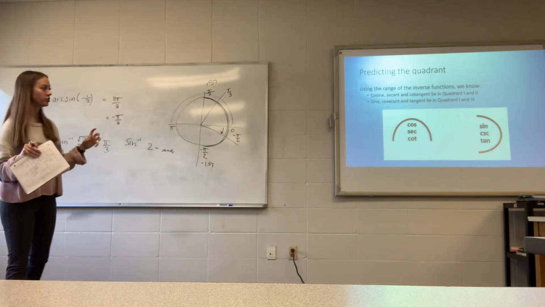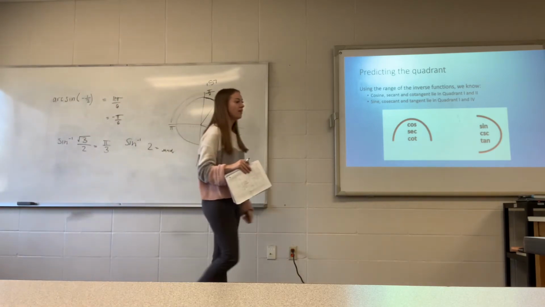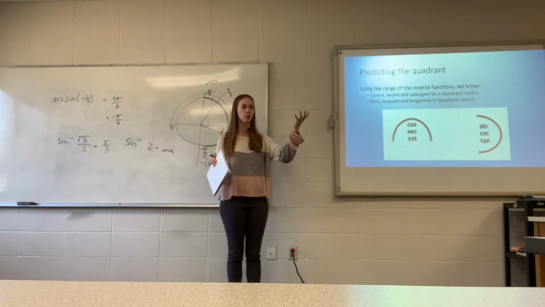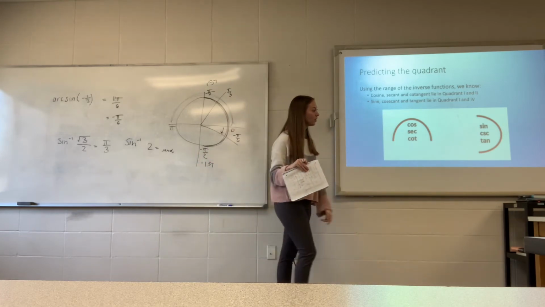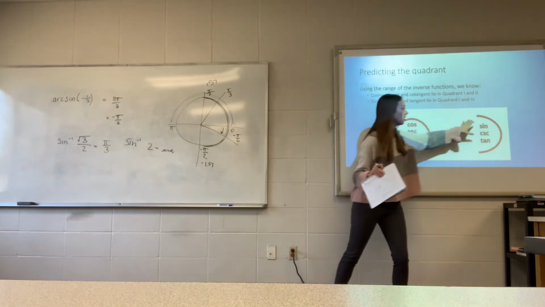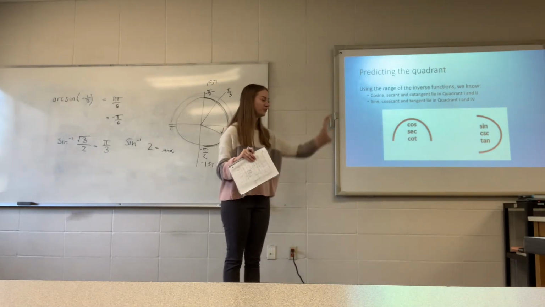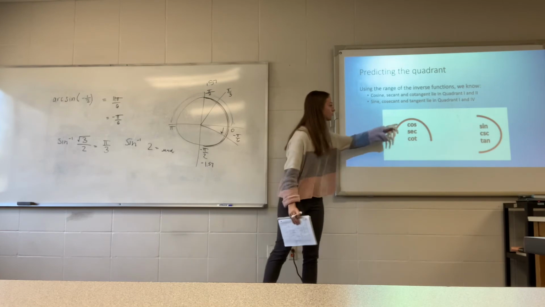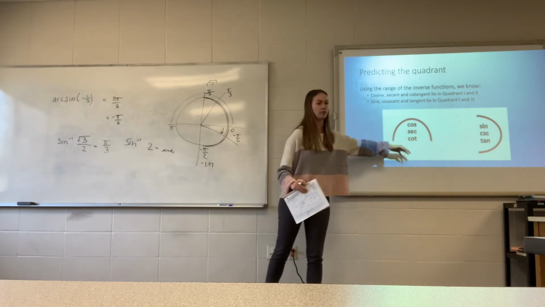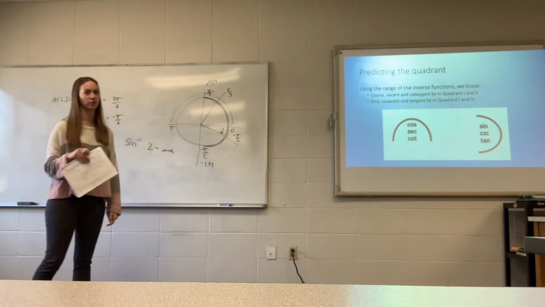So you first look at what you're given, if it's sine or cosine or secant or whatever it is, and then because there's always two values on our circle, we need to know which one we're looking at, okay?